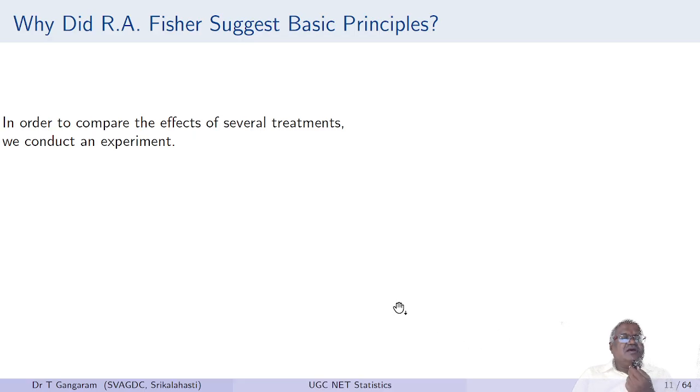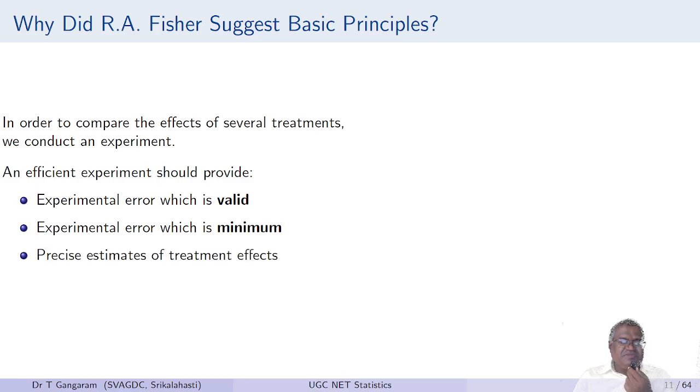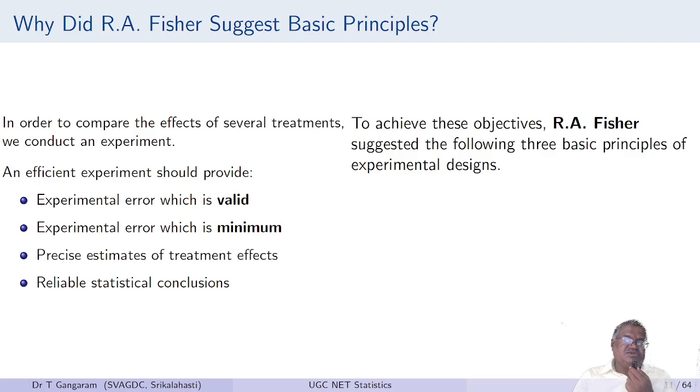Next are the basic principles of experimental designs. In order to compare the effects of several treatments, we conduct an experiment. An efficient experiment should provide valid experimental error, minimum experimental error, precise estimates of treatment effects, and reliable statistical conclusions.